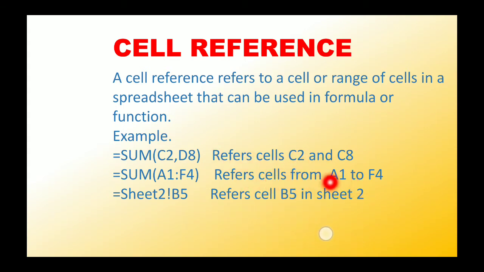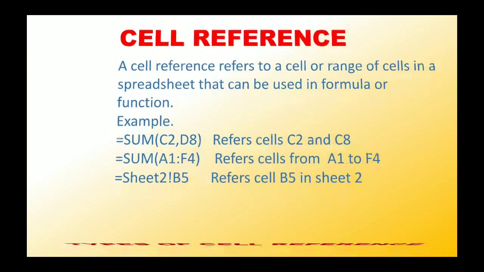Here, this B5 is not from the current sheet, but from the other sheet, that is Sheet 2. So these are all cell references, with reference to the current or another sheet.